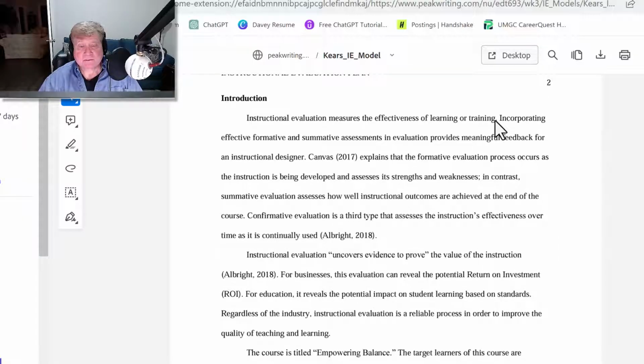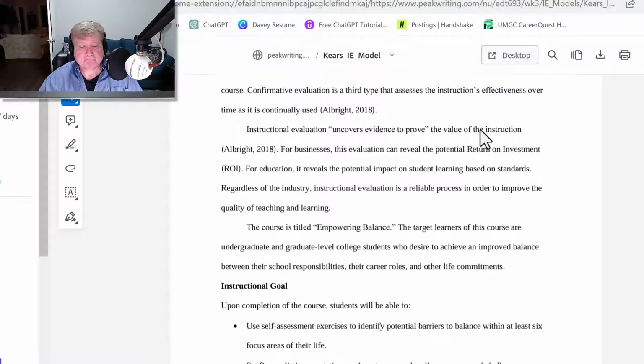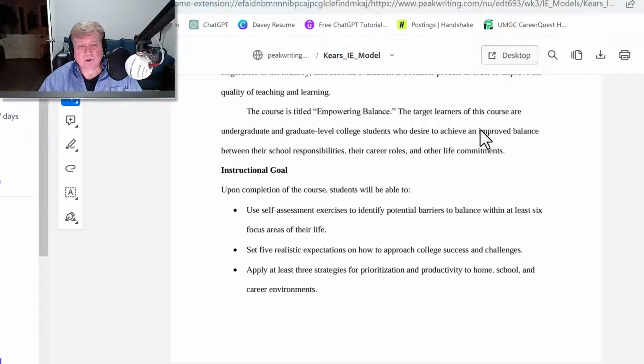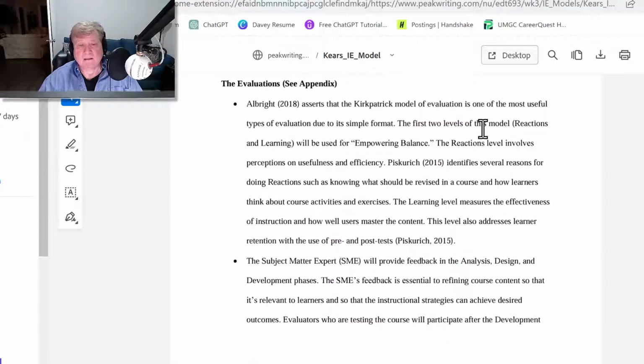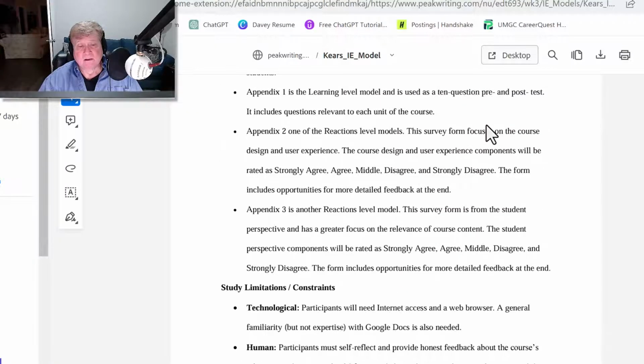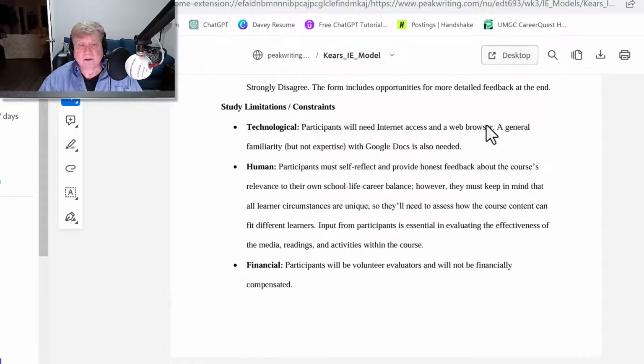The introduction, in which you discuss what instructional evaluation is and what role it plays in course design. The instructional goals of your course. The evaluators. And then the instruments. First, you discuss those instruments. After you've discussed them, you provide your study limitations or constraints.